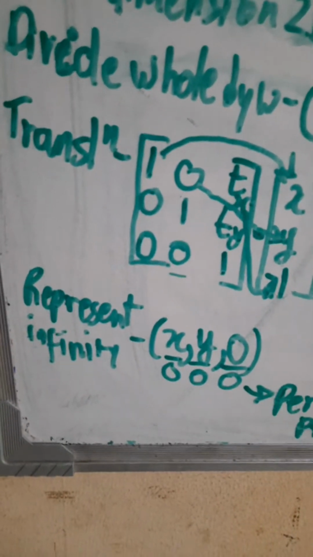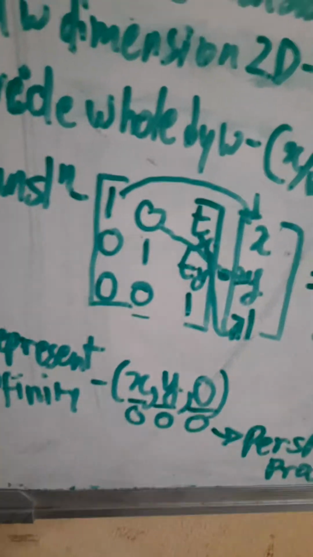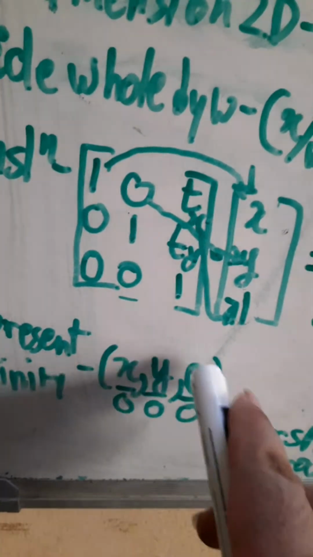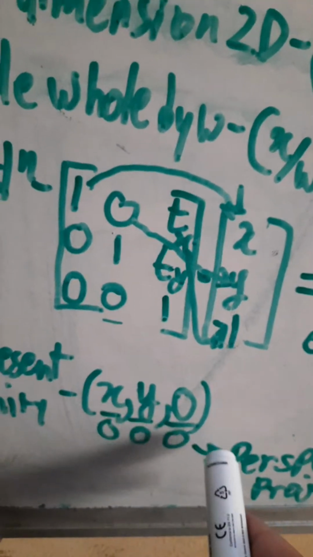So this is how it happens. If I take the 0, I have to divide all by 0 to make the third coordinate 1 to make it real world coordinates, so the others become infinity. Now this is used in perspective projection, which is coming from infinity in one dimension.